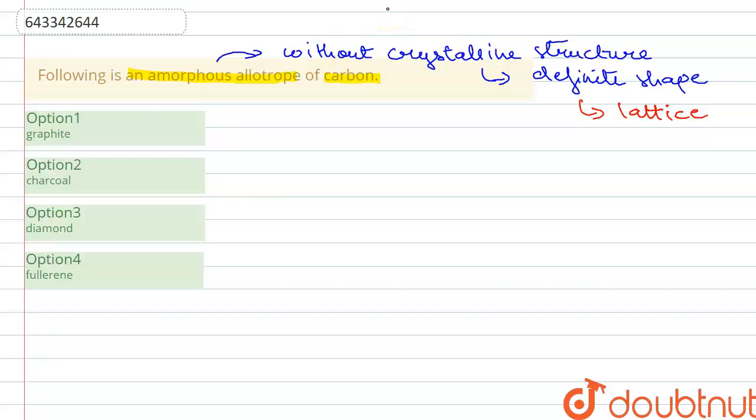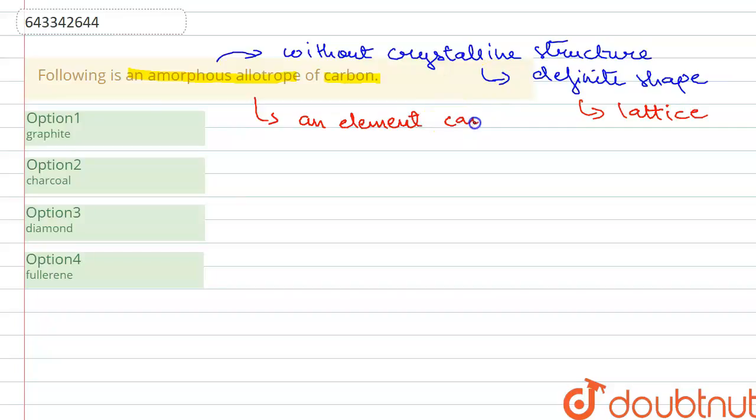Now they are talking about an amorphous allotrope of carbon, so the second thing we need to know is what is an allotrope. The phenomenon by which an element can exist in more than one physical state is called allotropy. So allotropes of carbon means that it is carbon only but present in more than one physical state.